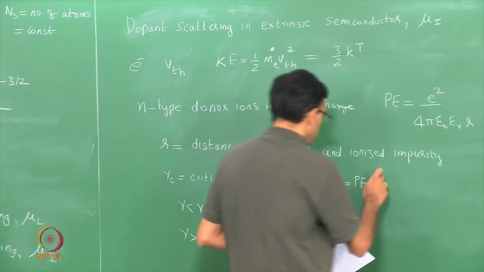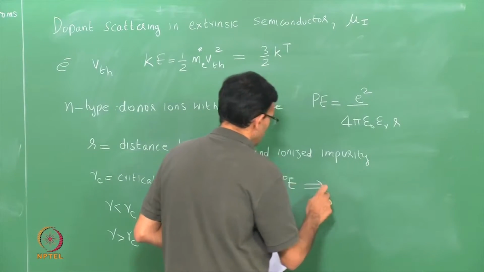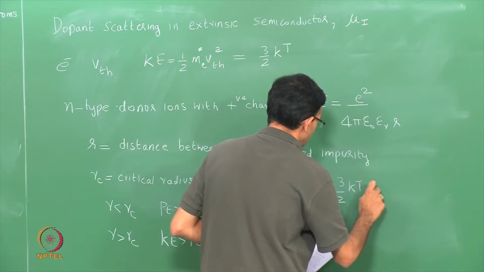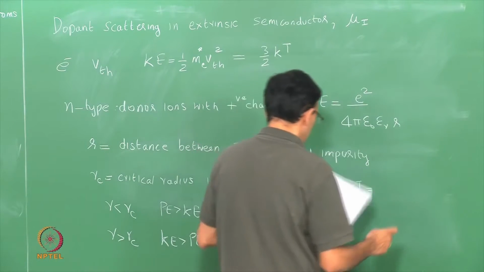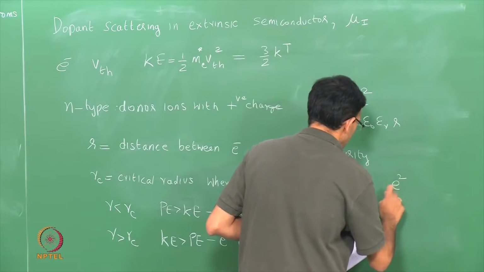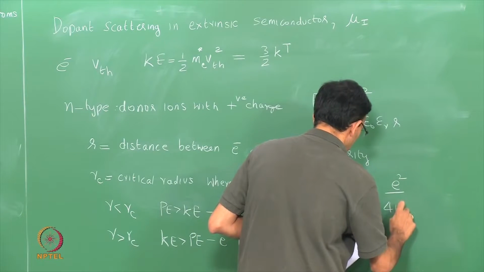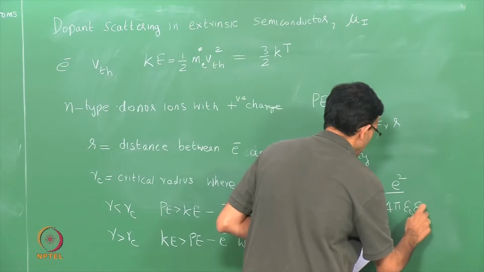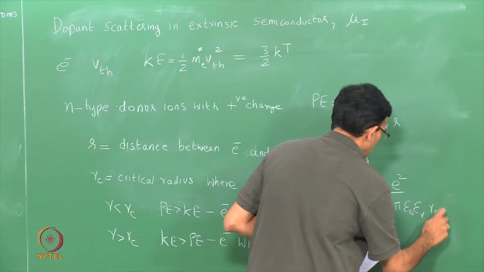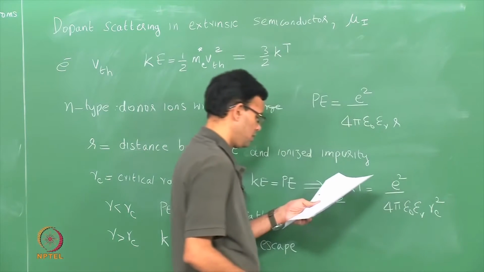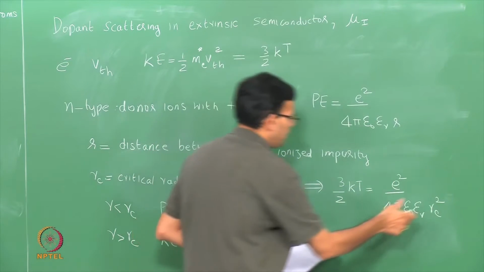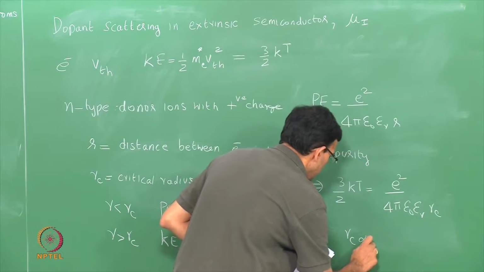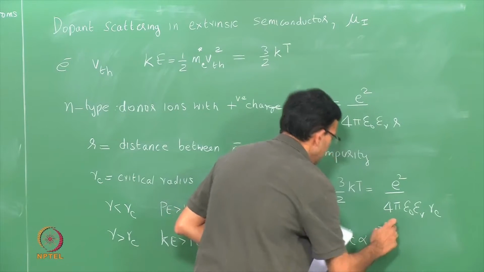If we do that, you can say that 3/2 kT is equal to E square over 4 pi epsilon naught epsilon r and RC square, which means RC is proportional to T to the minus 1.